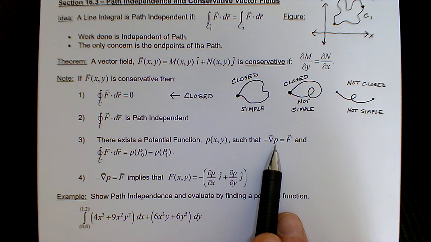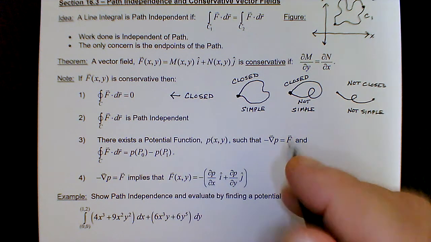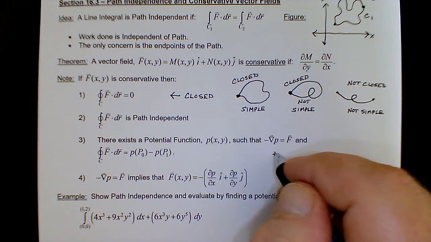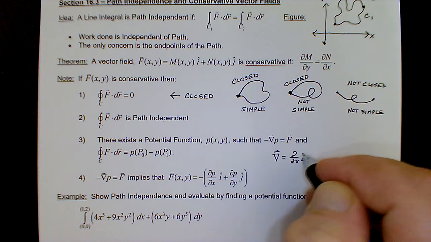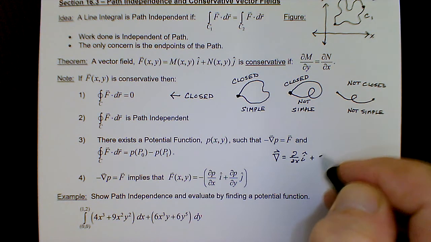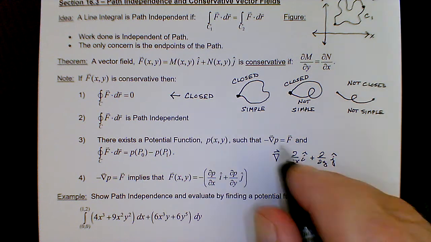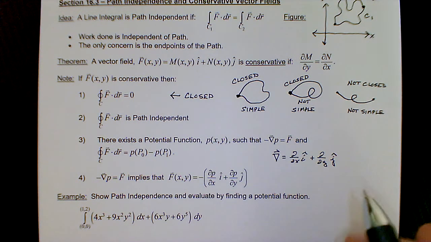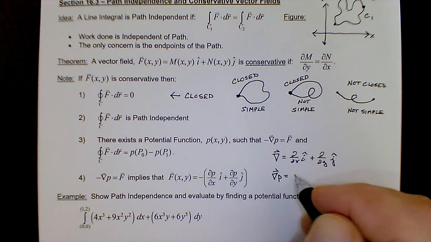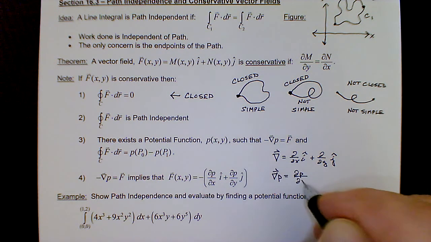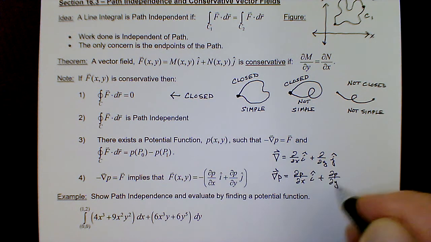So that's going to be, because del, recall, is an operator, it's the partial with respect to x times i plus the partial with respect to y times j, and del of P is going to be the partial of P with respect to x times i plus the partial of P with respect to y times j.